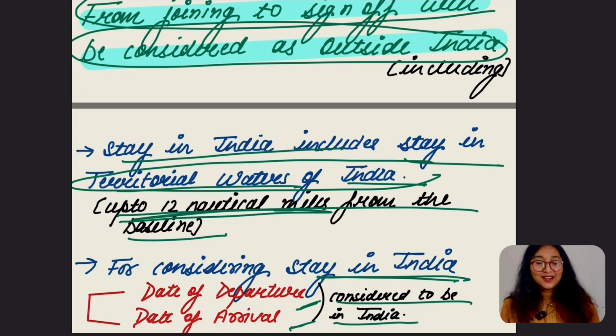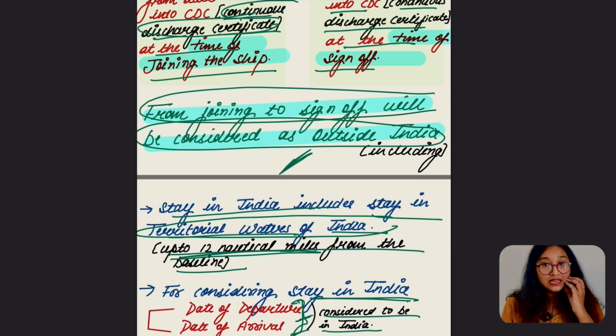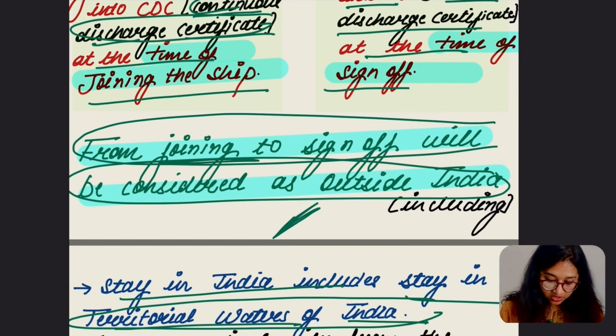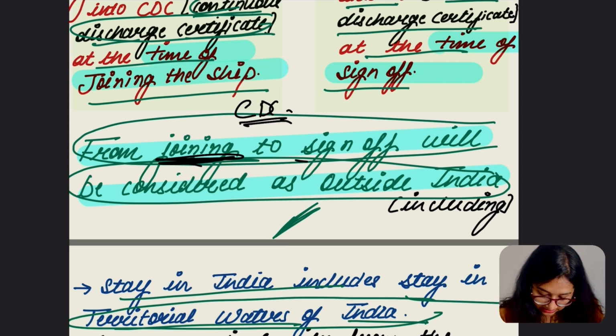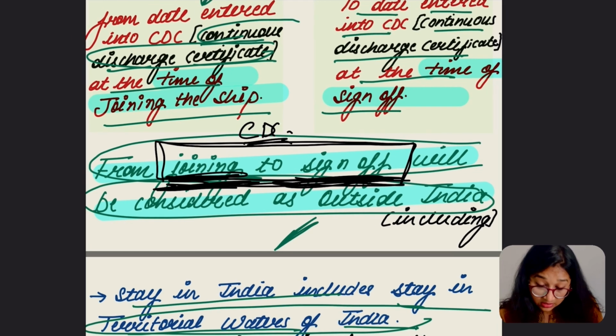Now, for considering stay in India, date of departure and date of arrival are considered to be in India. Don't get confused between this part and the earlier part. This condition is only applied in case of the crew member of Indian ship, which is from the date of joining of CDC to date of sign off. We are going to consider the crew member as outside India during this time period.